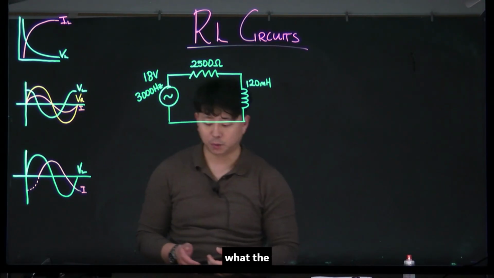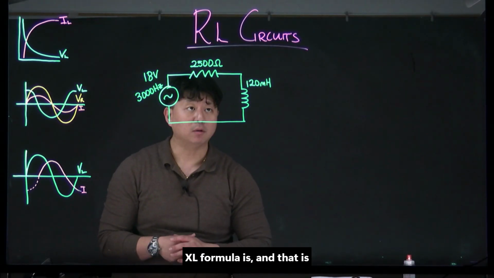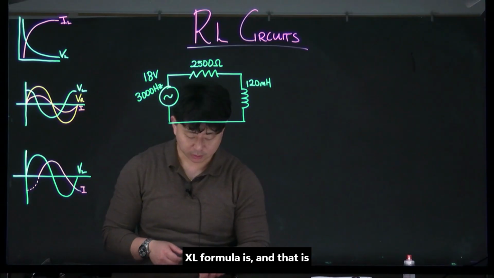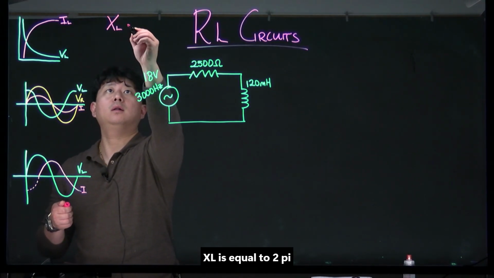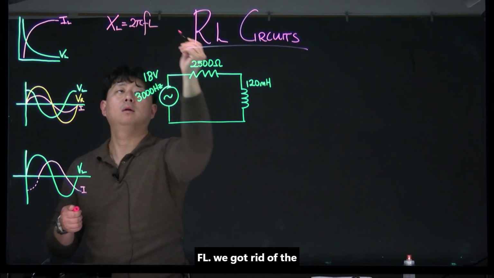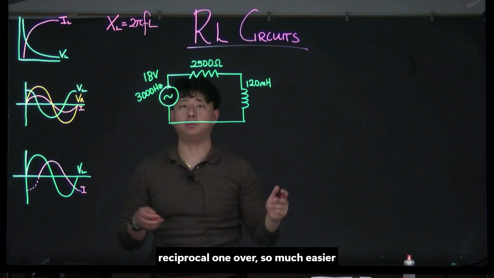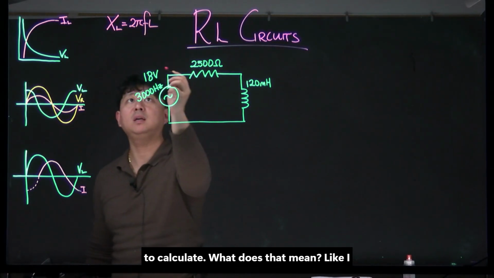So I said the idea is exactly the same. Now I have to tell you what the XL formula is, and that is XL is equal to 2 pi FL. Oh, we got rid of the reciprocal, the 1 over. So much easier to calculate. What does that mean?